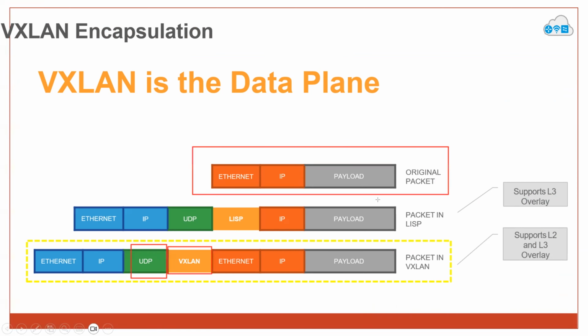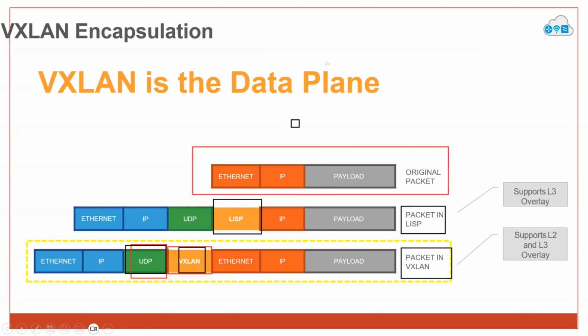In this normal original packet, if you are doing encapsulation with LISP, you will see the LISP header. And then if you are doing data plane packet forwarding, you can see VXLAN. But VXLAN is coming with the UDP header as well.